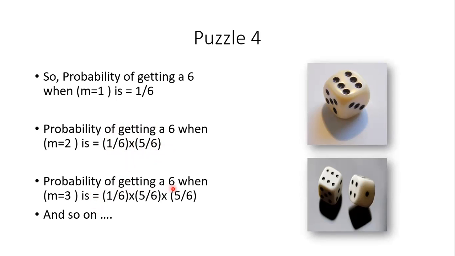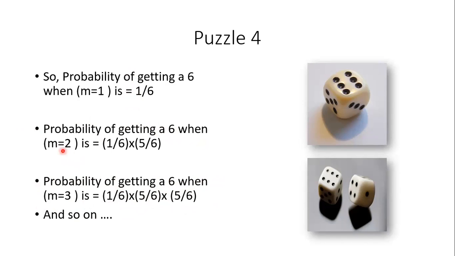Now think about what the probability of getting a 6 is when we have rolled the dice thrice. When m is equal to 3, it is 1 divided by 6 times 5 divided by 6 to the power 2. So we can get a nice equation: the probability of getting a 6 when we have tossed the dice m times is 1 divided by 6 times 5 divided by 6 to the power m minus 1.